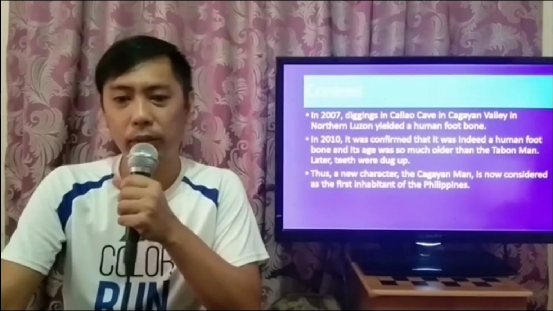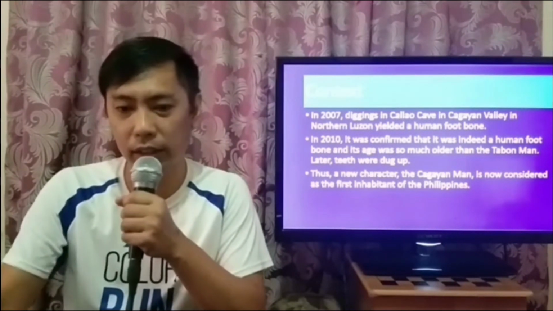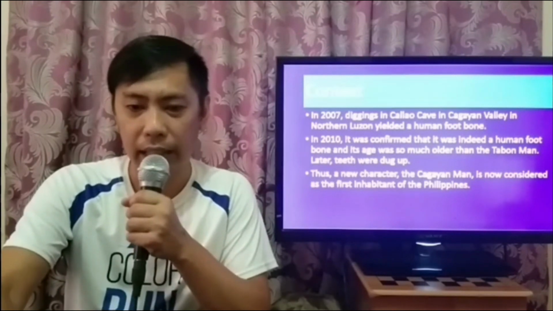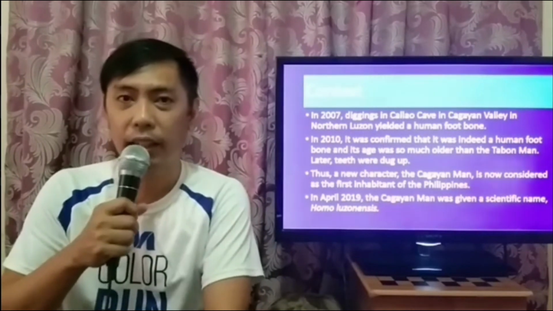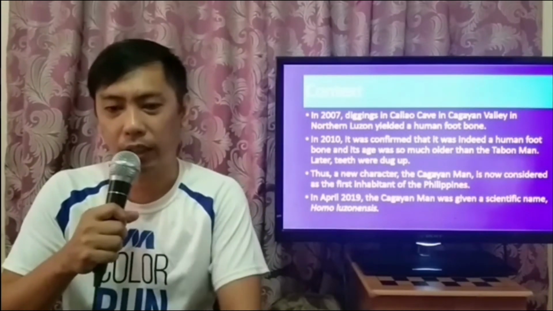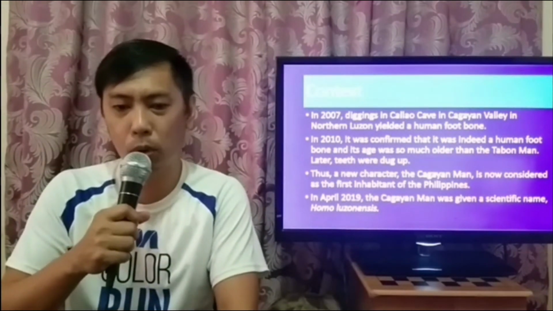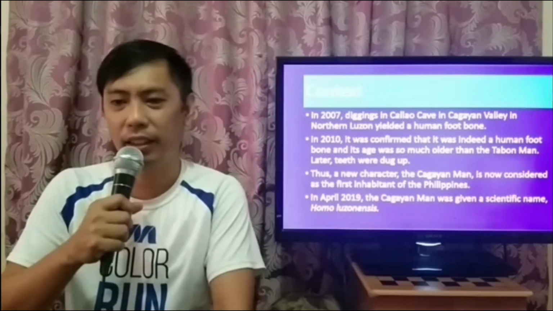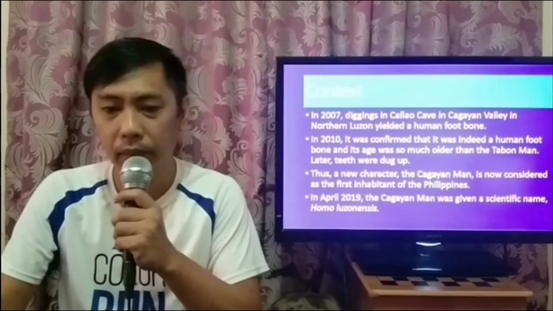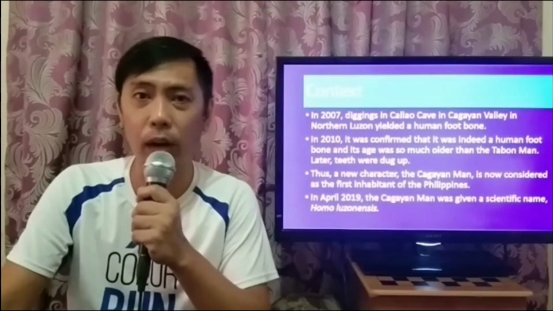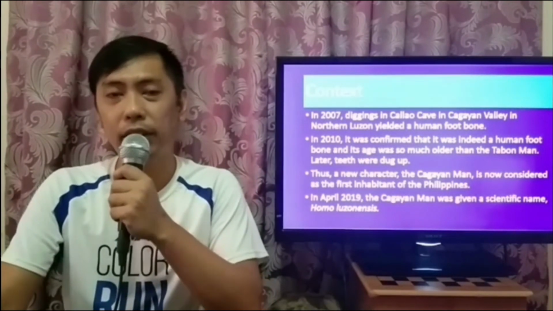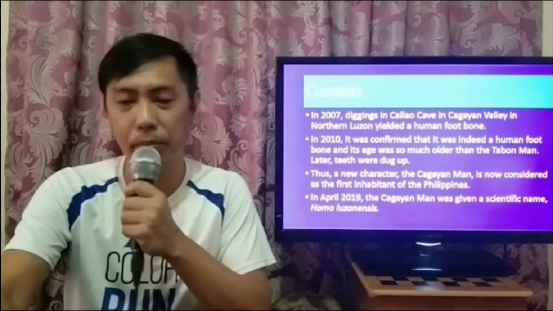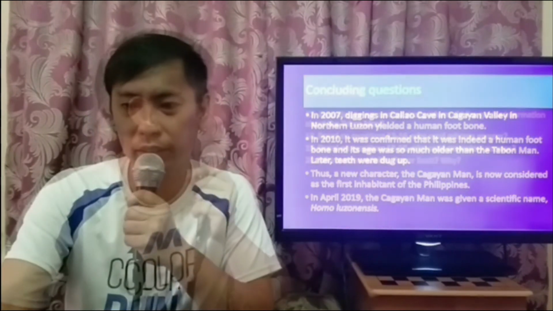At present, he is considered the oldest inhabitant of the Philippines. In 2019, he was given a scientific name, Homo luzonensis. Today it is being taught in our history classes that the oldest person in the Philippines is the Cagayan Man and his friends.